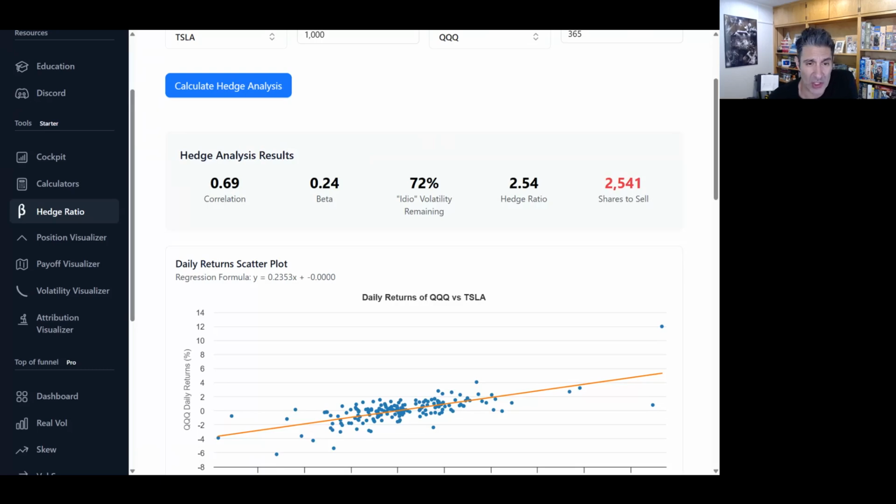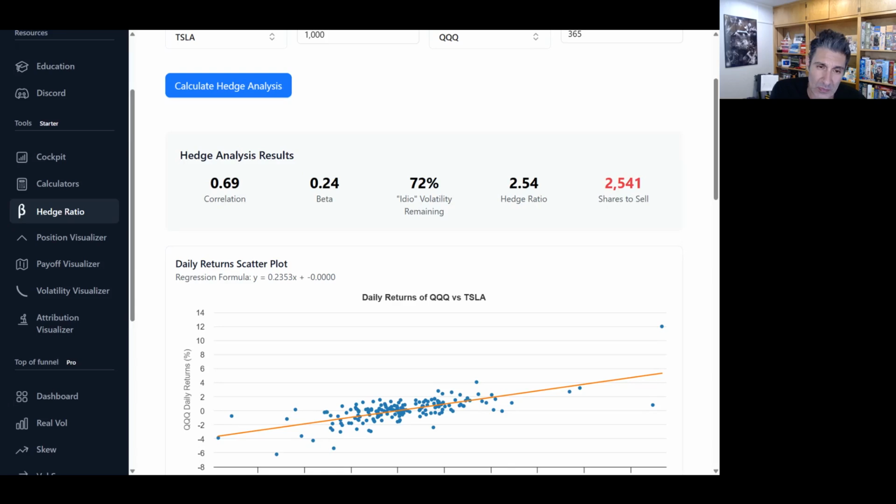So again, what that means is if Tesla is up 1 standard deviation, QQQ is up 0.69 of its own standard deviation. Beta takes that correlation and scales it by the volatility ratio of the two vols.